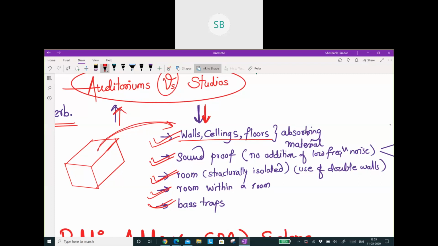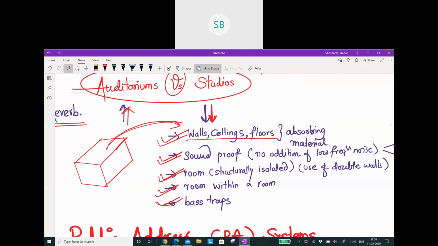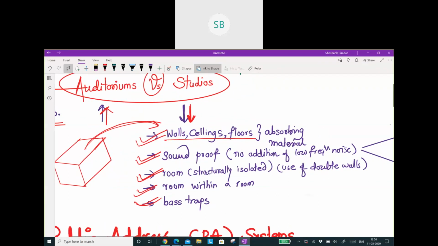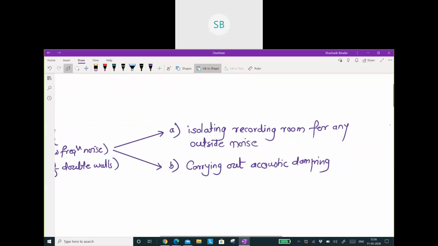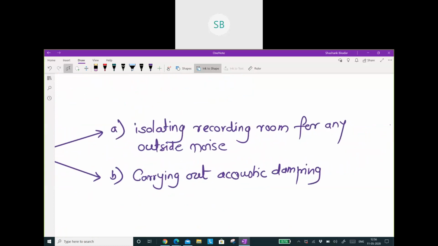The room should be structurally isolated using double walls. Then room within a room, again to avoid the disturbance coming in, and we are using bass traps to avoid low frequencies, right? So here the soundproofing is done with two aspects: isolating the recording room from any outside noise, and carrying out acoustic damping.